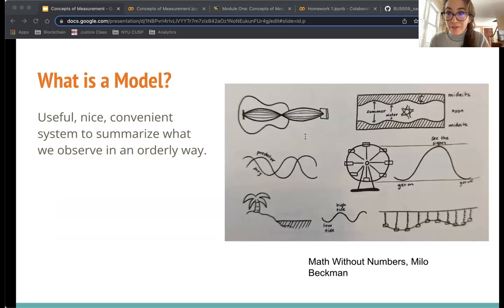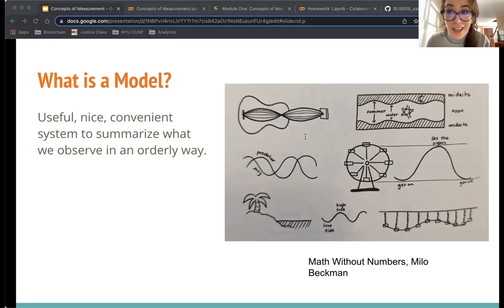So one book that I really love, and I would recommend it to anybody, is called Math Without Numbers. It's a great read and has many illustrations about how data and statistics can be used to inform the world around us. Here's just one screenshot from a page where it has a bunch of examples where different processes are visually described by a model, such as a simple harmonic motion describing vibration of a plucked string on an instrument.